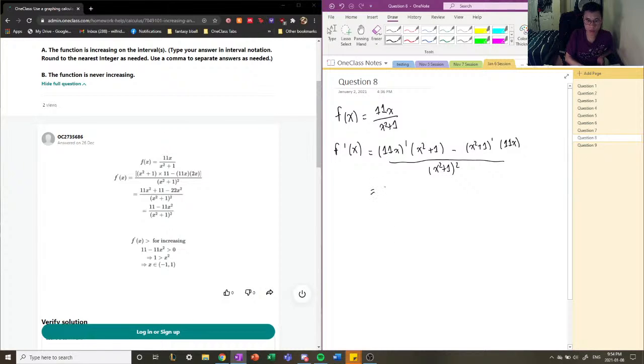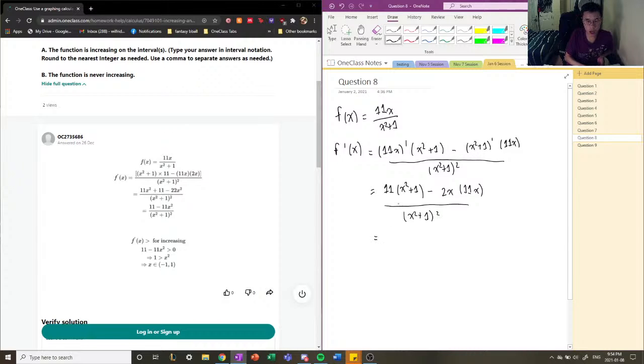So 11x prime is just 11, times x squared plus 1, minus x squared plus 1 prime, which is just 2x, times 11x. Okay, and the bottom is just going to be x squared plus 1 squared.